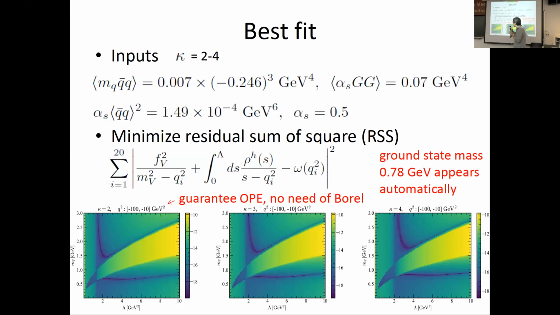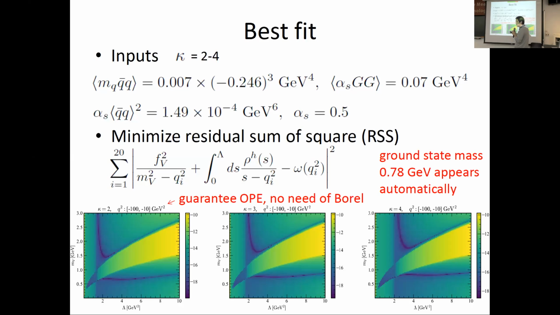Another interesting feature is that you see the upper branch appears here, right? What does it mean? It means that we are using the single pole parametrization. This single pole can take the ground state mass, but it can also take another higher mass.